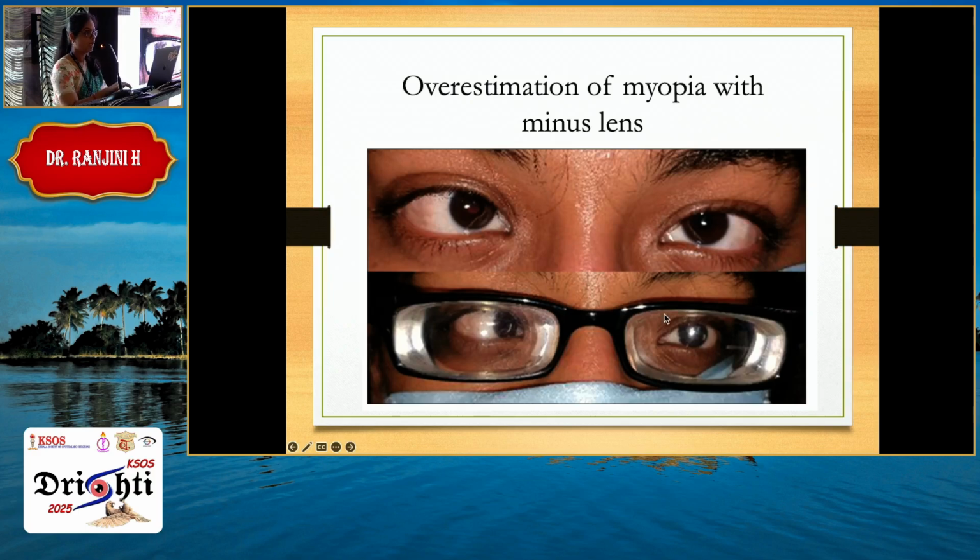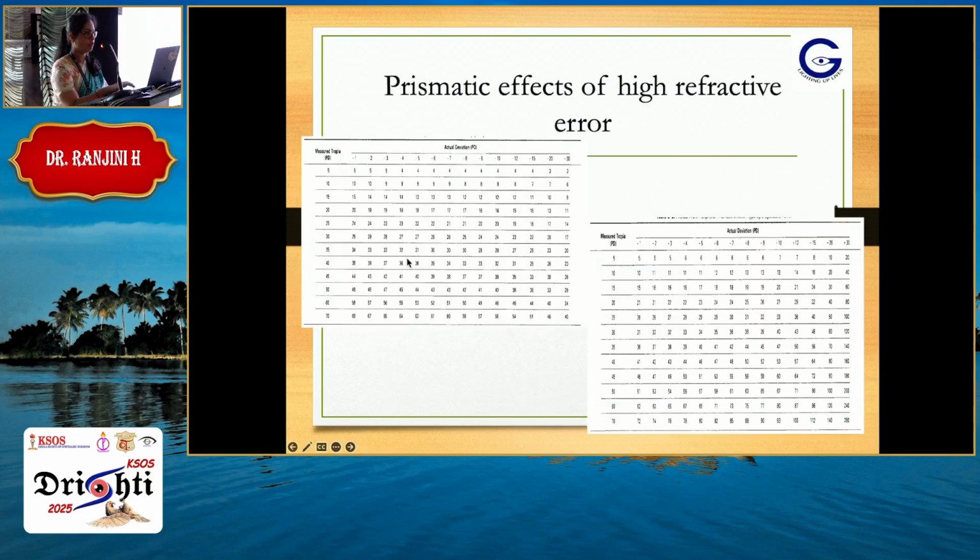For example, a myopic patient will have overestimation of the esotropia with the minus lenses. Ideally, we can measure them with contact lenses, or we have some nomograms which we can follow. As you can see, suppose a patient with -7 diopters is measured over 25 or 30 prisms, the actual deviation will be 26 prisms.